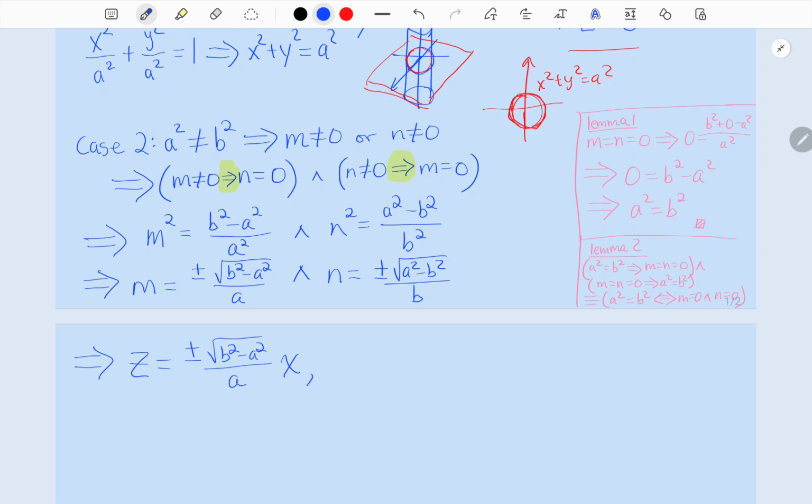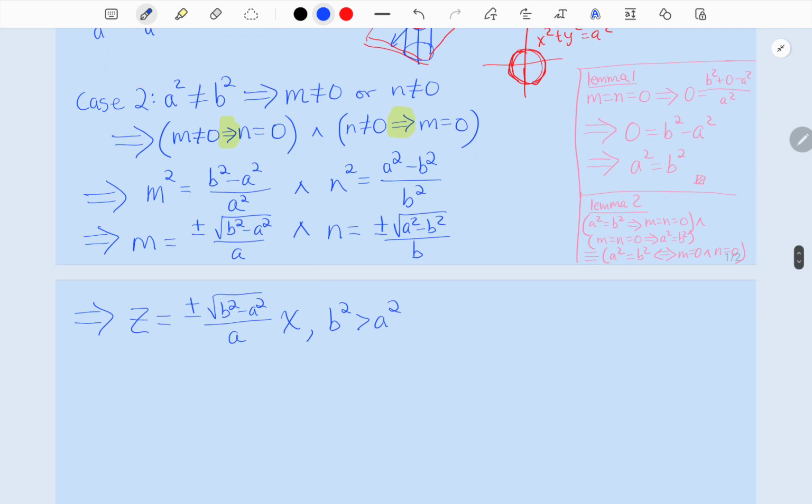And this is when b squared is greater than a squared. So this is the subcase I'm talking about, because if b squared is smaller than a squared, this is negative. You cannot take the square root of a negative.